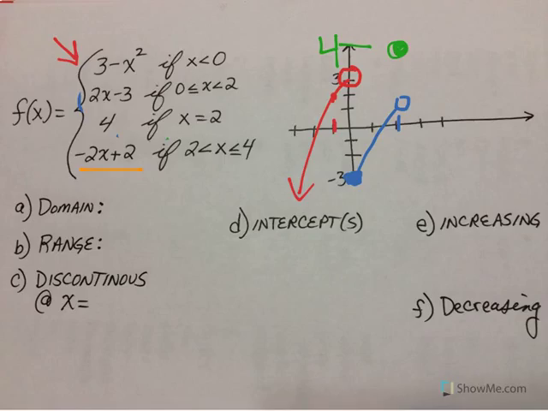So between any 2 points is a straight line. I'm going to take the 2, plug it in there. Negative 2 times 2 is negative 4. Negative 4 plus 2 is negative 2. So at 2, negative 2, it's going to be open because it's strictly less than.